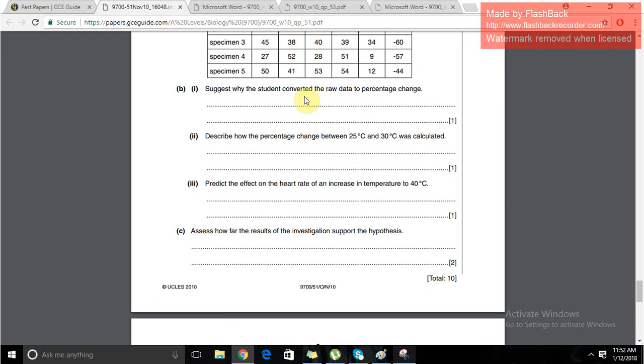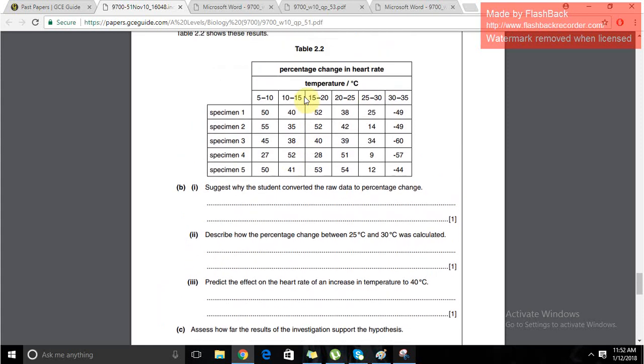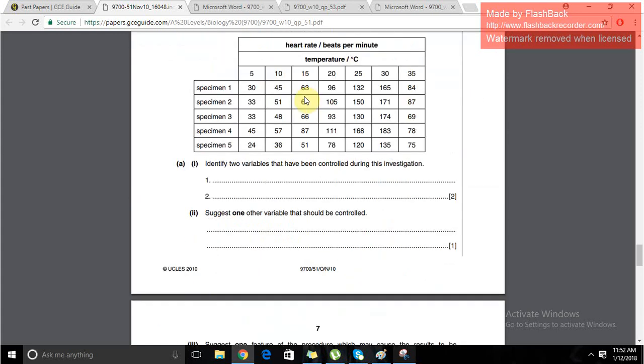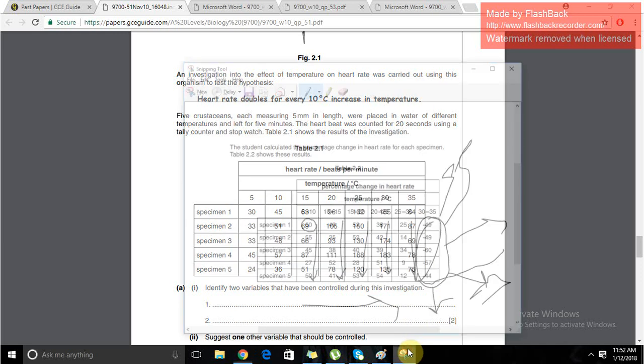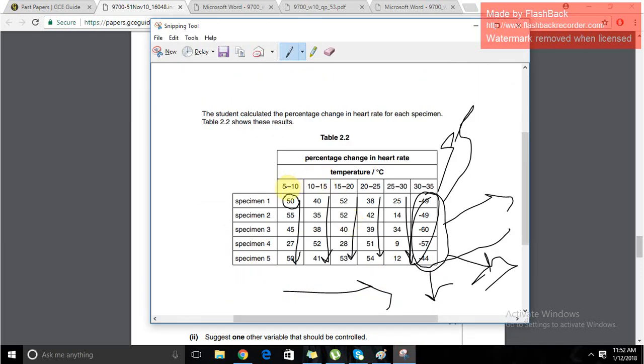Assess how far the results of the investigation support the hypothesis, that for every 10 degrees Celsius increase in temperature, heart rate doubles. So let's compare. 5 to 10 is 5 degrees Celsius, and then 10 to 15.